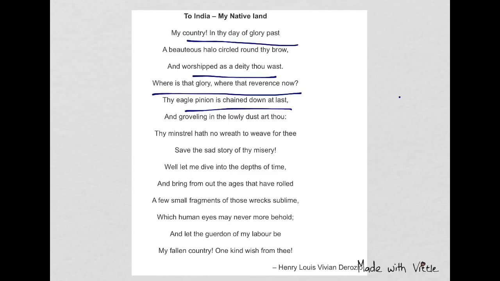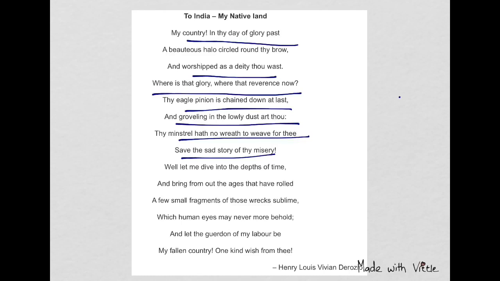It is considered as a chained eagle which cannot soar high in the skies, and now the wings of this great bird have been clipped and it is chained and crawling on the ground. The poets have no flowers to offer to their country.